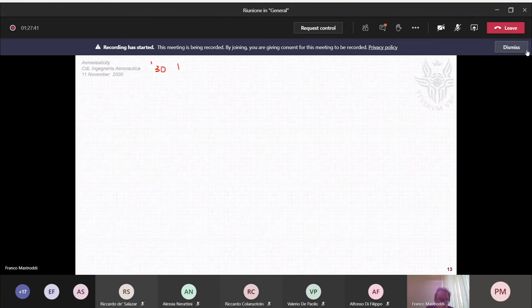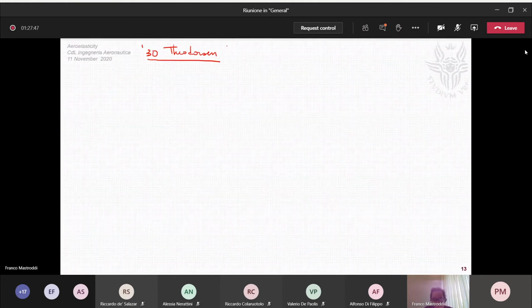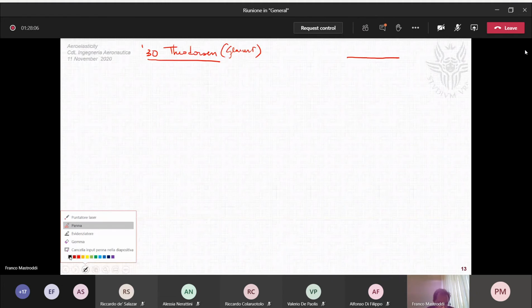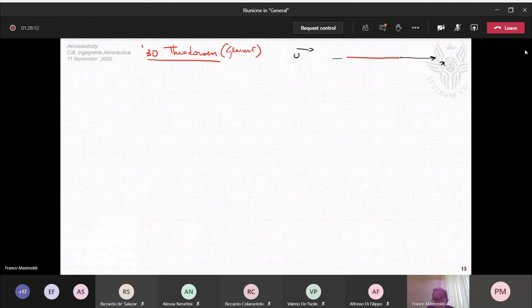Theodorsen, together with other people like Glauert and von Karman, considered a straight airfoil like this, with free stream U infinity, a very thin airfoil with a chord from minus b to plus b.